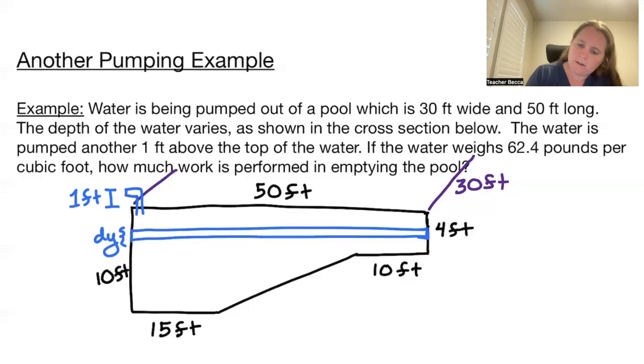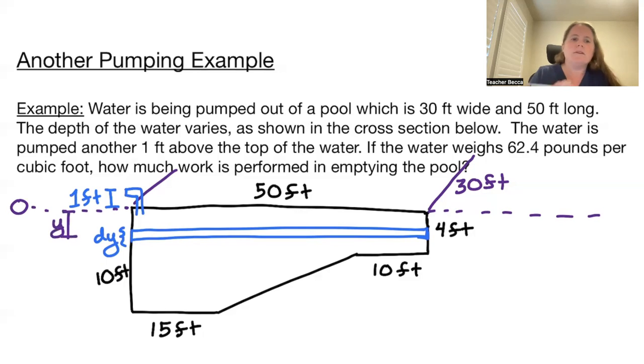So what I'm going to do this time around is put my 0 at the top of the pool. So this will be my 0. Y will be simply the distance from the top of the pool downward to the layer of water. Note that Y will be negative going down here.